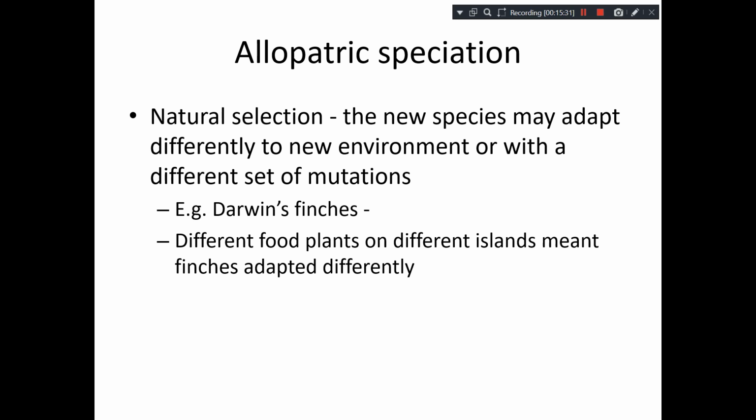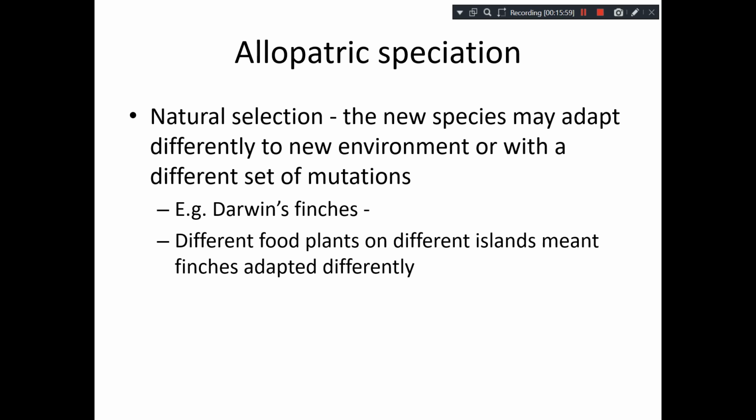To give an example, the Darwin's finches in Galapagos Island, all the birds have migrated from the mainland. But in the Galapagos Island, which is a cluster of islands, the finches in each island evolved differently because of the food plants.